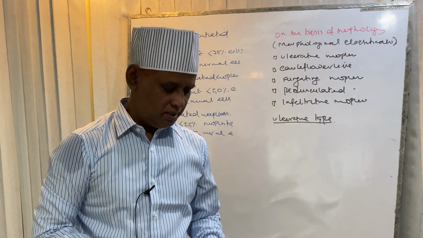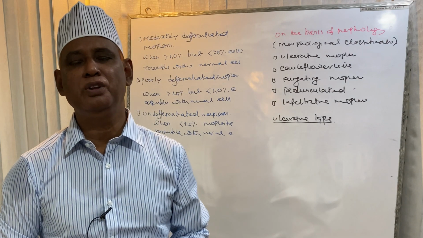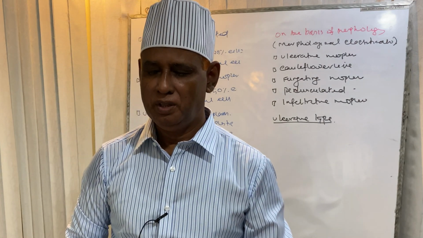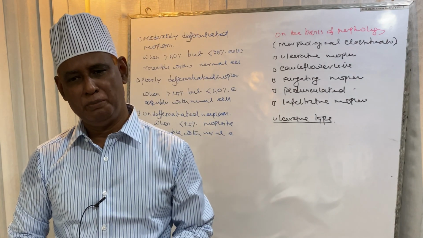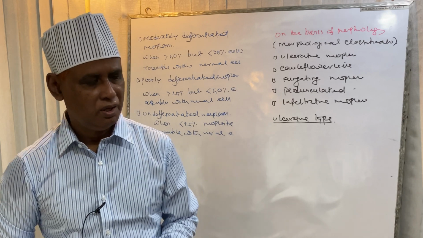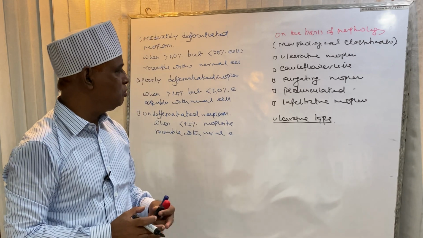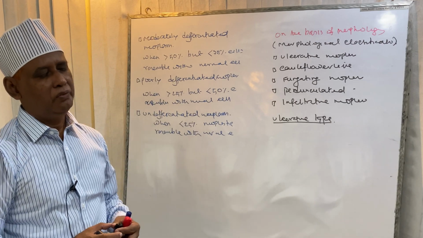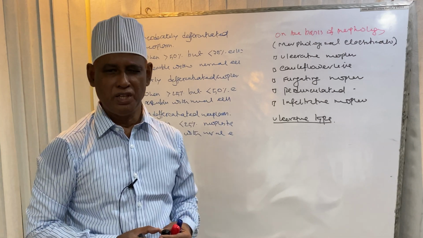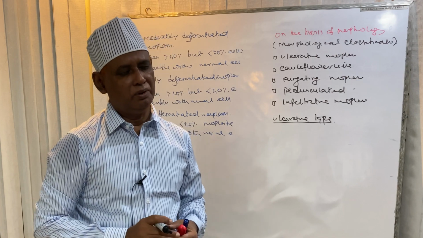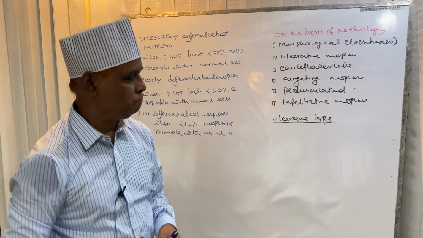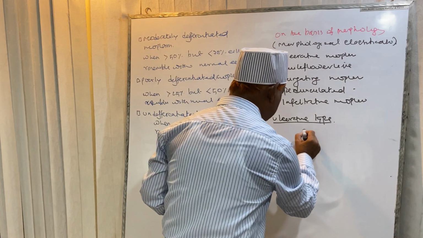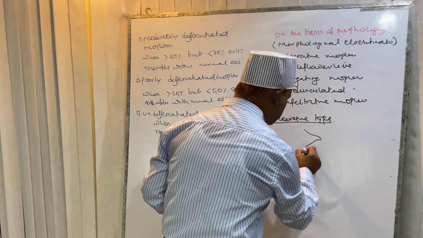Ulcer is the breach of continuity of the surface epithelium due to sloughing out of inflammatory necrotic tissue. In some tumors we get ulceration on the surface, especially cancer or neoplasm of the breast and cancer of the stomach.